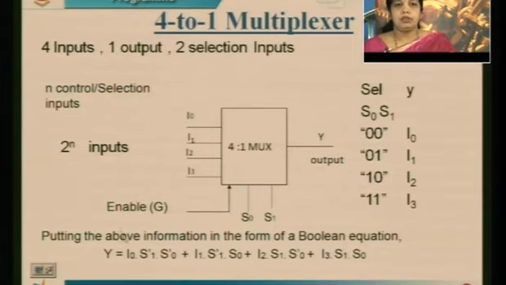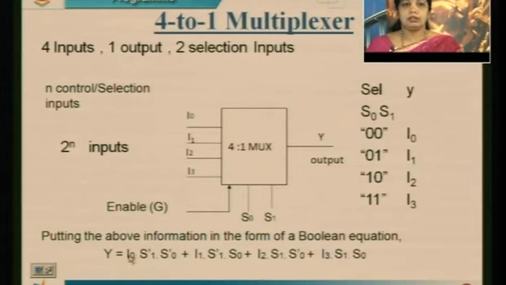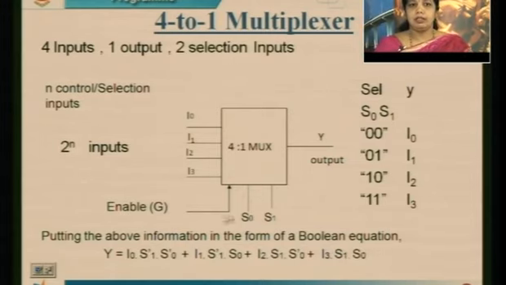Finally, putting it all together, the above information can be written in the form of a Boolean equation. The output Y is given by I0 with S0 bar and S1 bar, where the bar represents complement, plus I1 with S0 bar, S1.